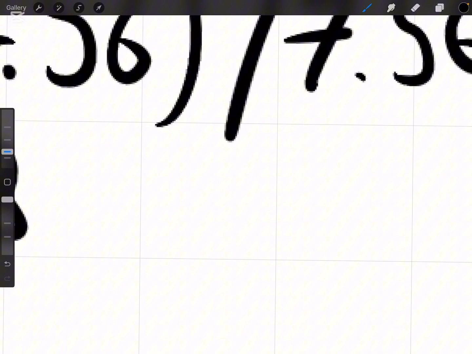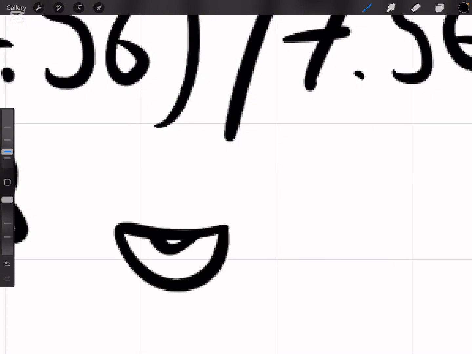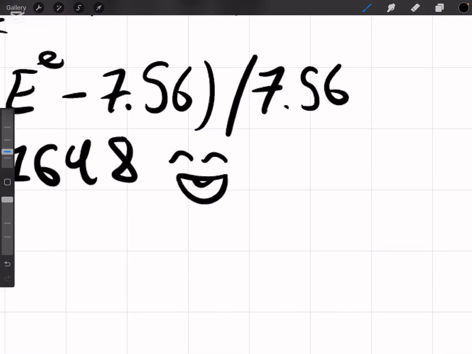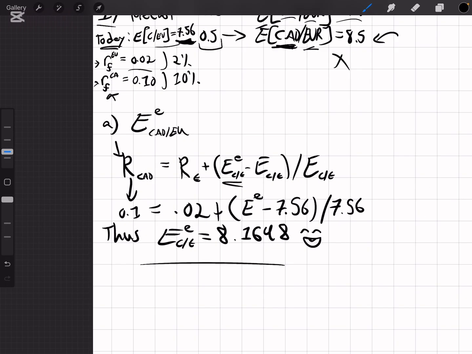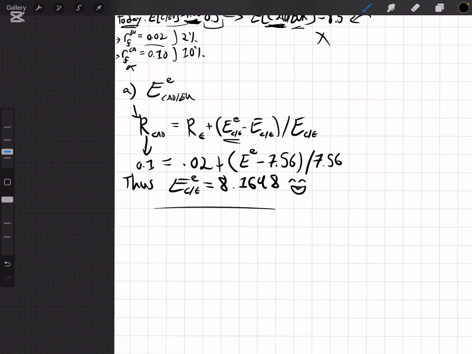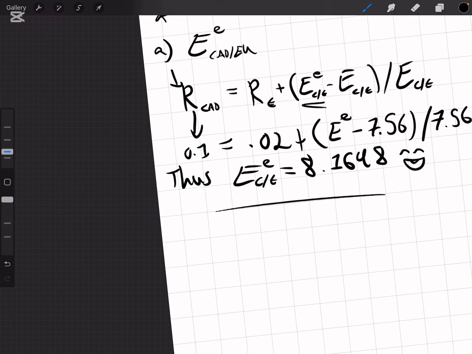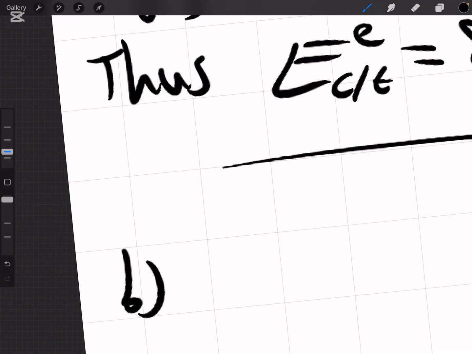And then you know what? I'm throwing this at you. Smiley face. You guys deserve it. Good job. Okay? Boom. And that's if the uncovered interest parity condition were true, if it holds, which it never does, essentially.